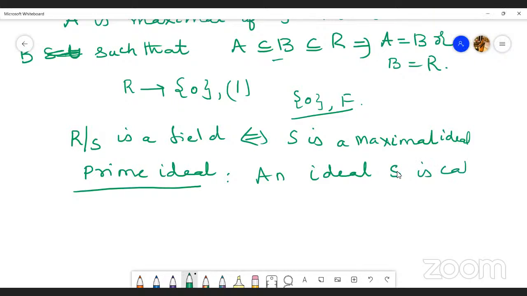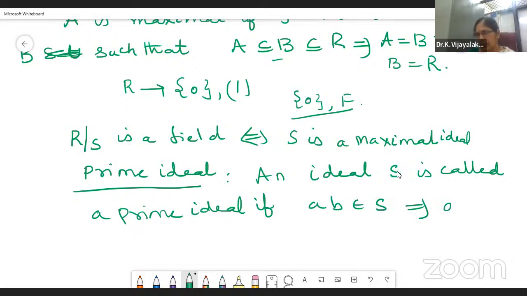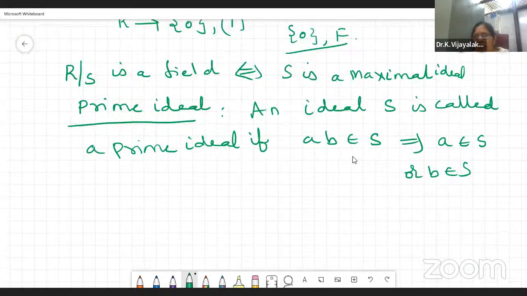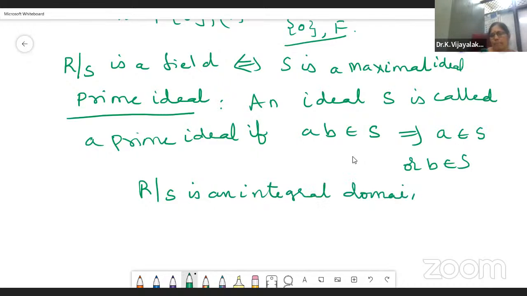An ideal S is called a prime ideal if AB belongs to S, implies either A belongs to S or B belongs to S. We say that an ideal S is said to be a prime ideal if AB belongs to S, implies either A belongs to S or B belongs to S. And we say that R by S is an integral domain if and only if S is a prime ideal.